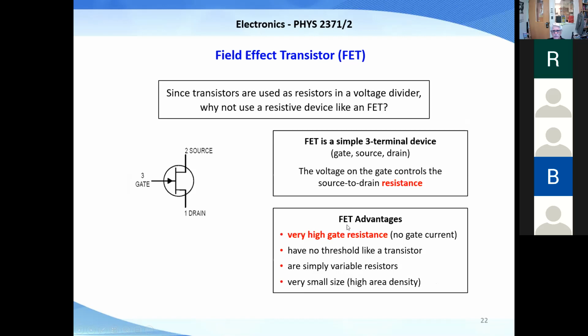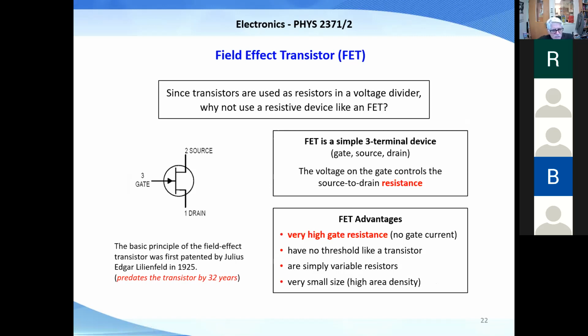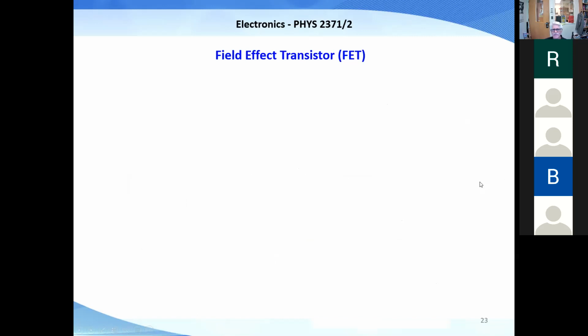How does an FET work? Sounds great, right? It's even simpler. And it was patented in 1925, 32 years before they invented the transistor. Okay, it's simpler and it came before, and that's what we're using now.